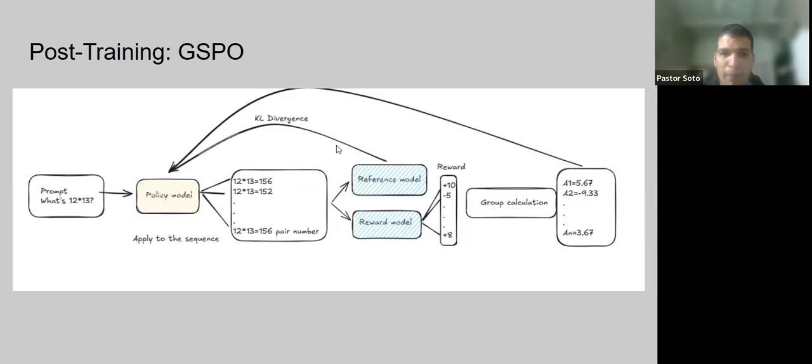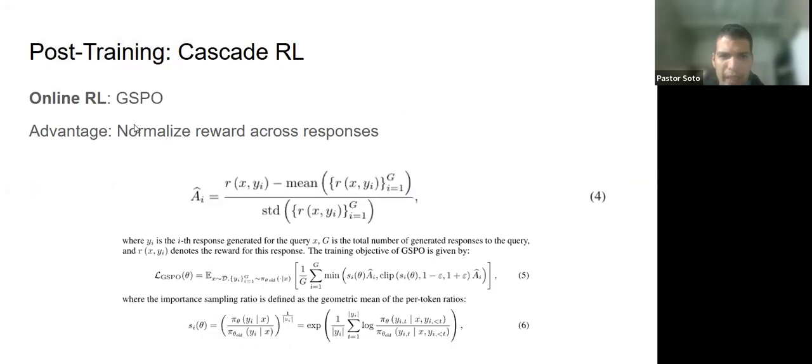The advantage is applied to that full sequence, whereas in GRPO it was applied to each individual token. So applying it to the sequence gives stability to the model, so that it doesn't deviate much from the gains it already has.